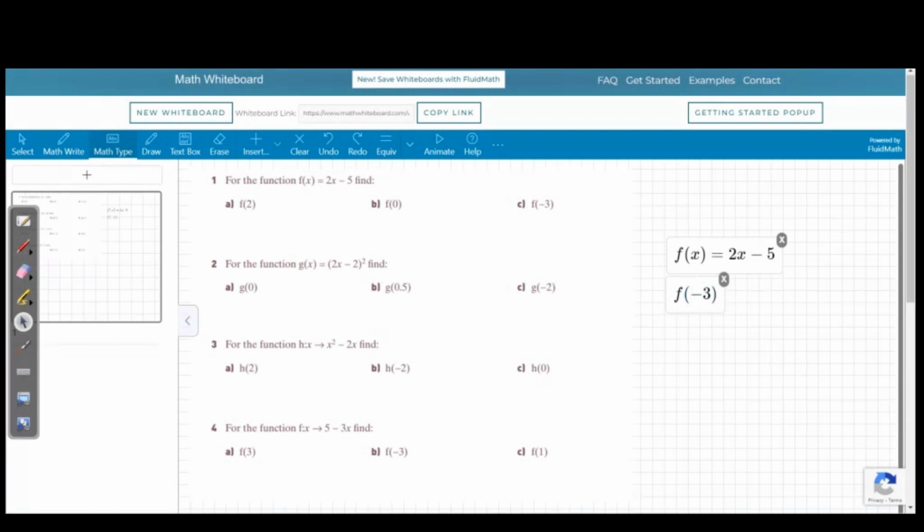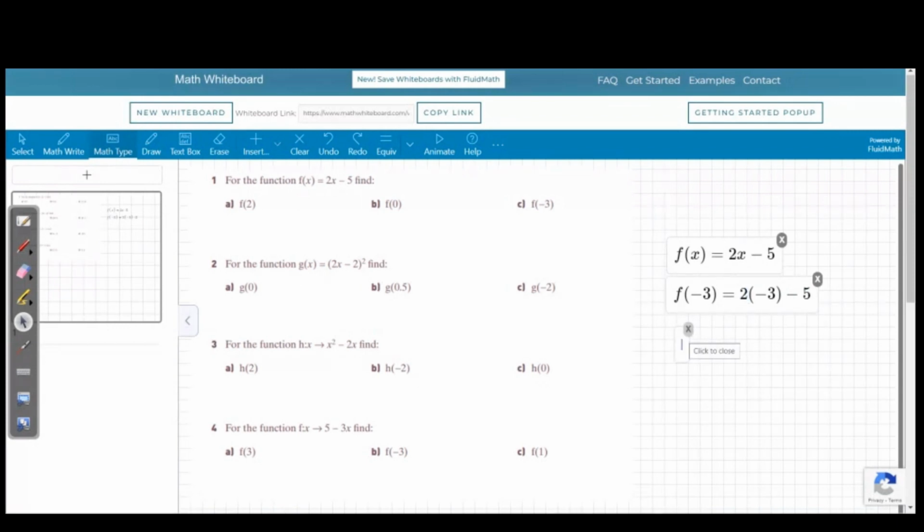And this is equal to 2 times negative 3 minus 5. Sorry, this is supposed to be 2 and not.